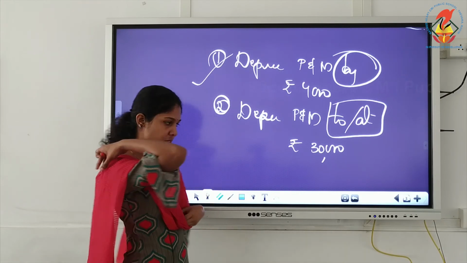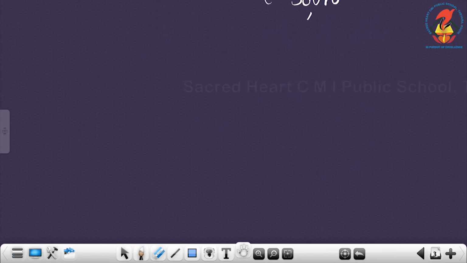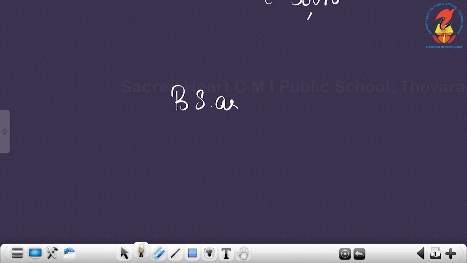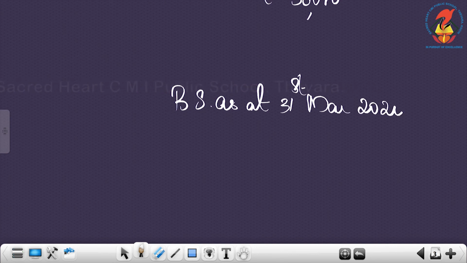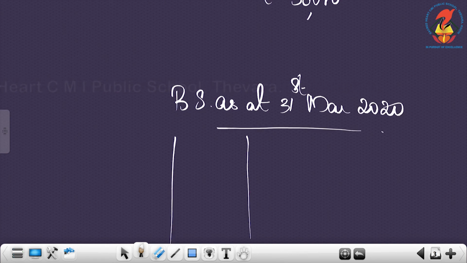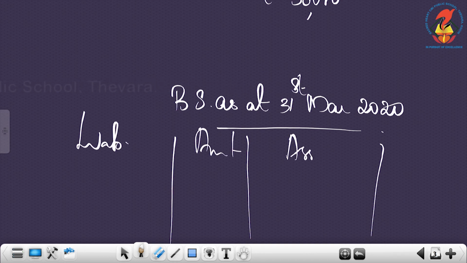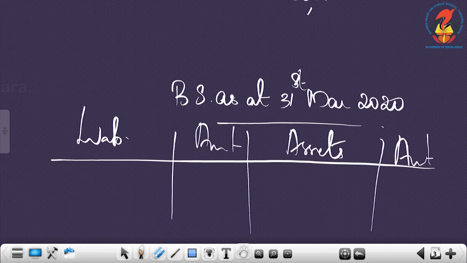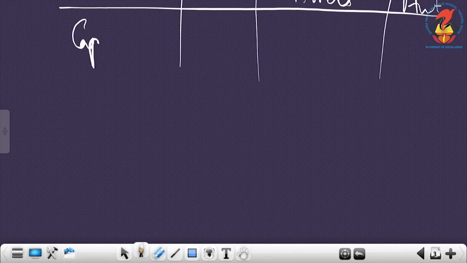Next is the balance sheet. Balance sheet as at, liabilities amount, assets amount. We will start with capital. Here the capital amount is 1 lakh. In your textbook they have followed liquidity order, both are fine.